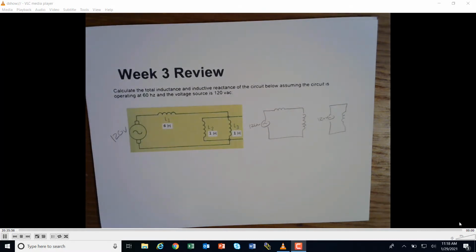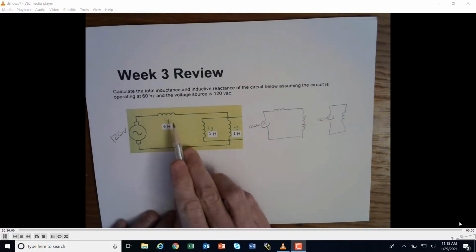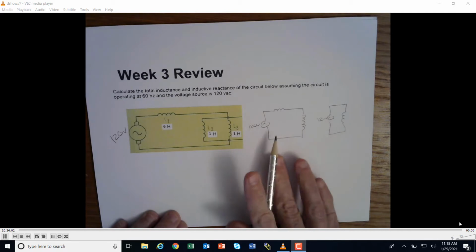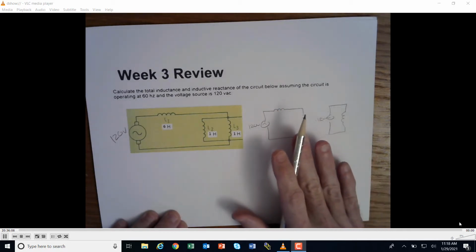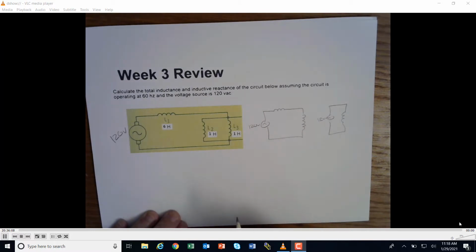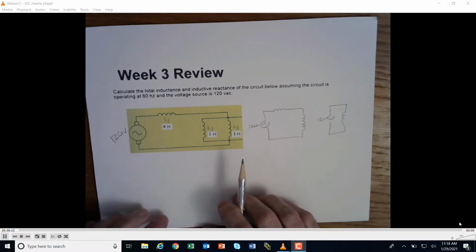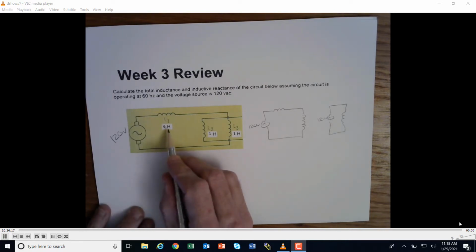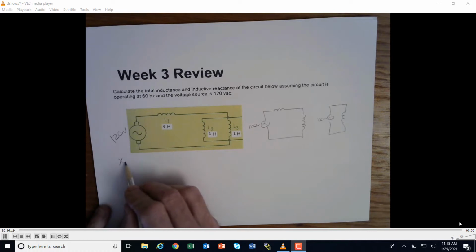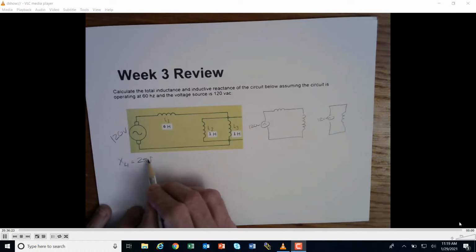But in order to do it that way, we have to get the inductive reactance of each one of these, and then our rules that we learned for Ohm's law and for our resistors in series and parallel apply. So let's go ahead and do that first by getting the inductive reactance here. We know that our inductive reactance, XL1, for example, would be 2 pi F L of that inductor.